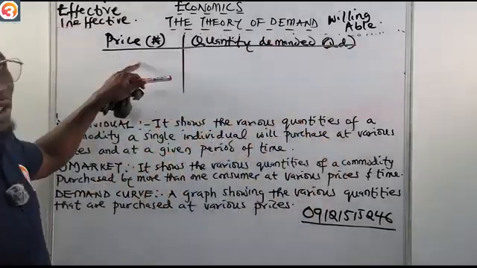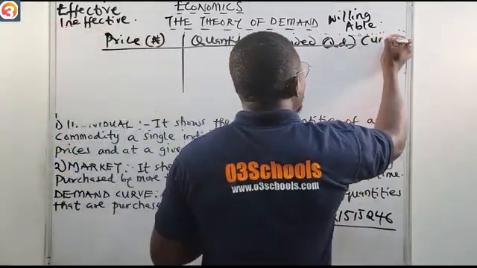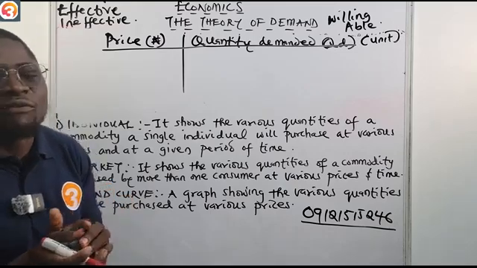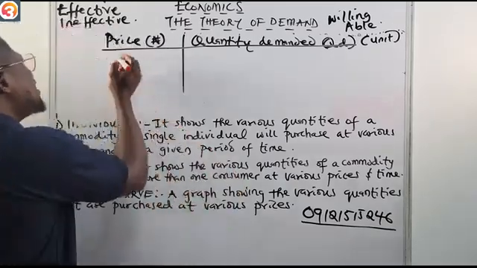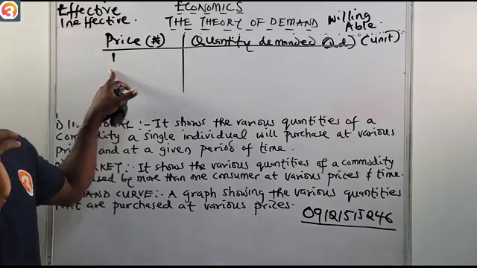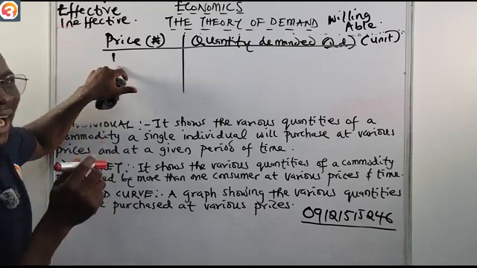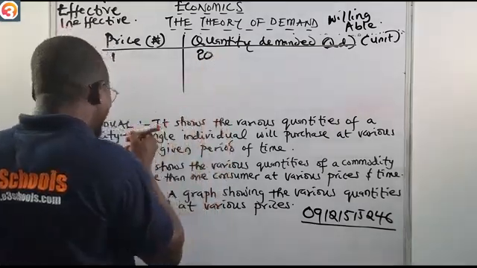This is the price of the commodity, and this is the quantity or units that the individual is able to afford at a particular price. So when the price of commodity X was 1 naira, the individual was able to purchase 20.